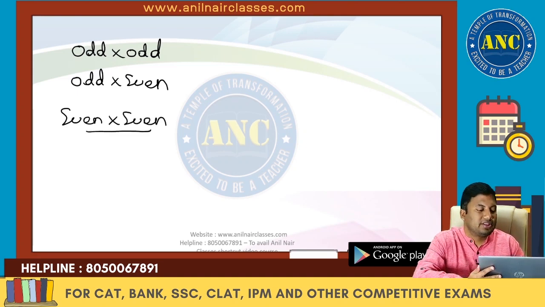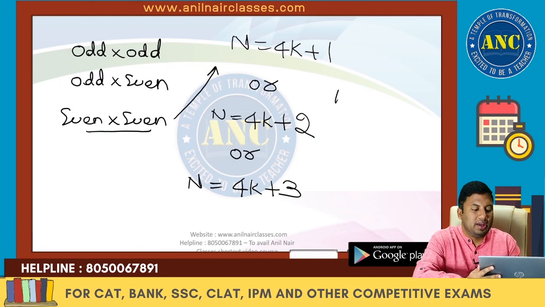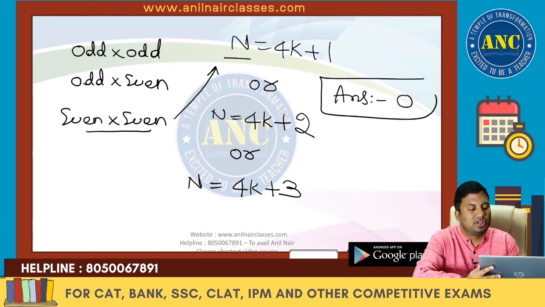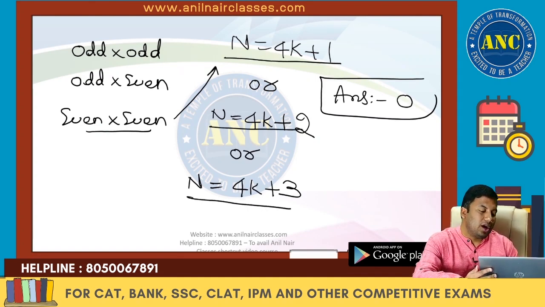In this even into even, if the right hand side is of the form 4k plus 1, or 4k plus 2, or 4k plus 3, the answer is always 0. I hope it is clear.